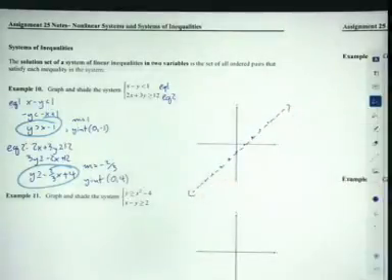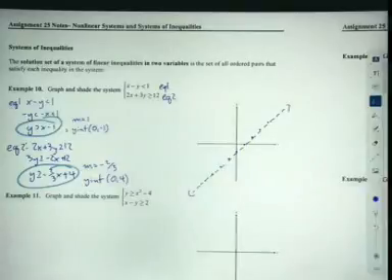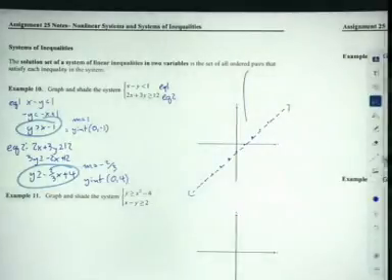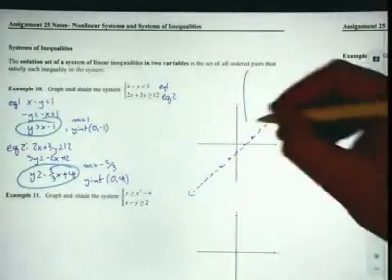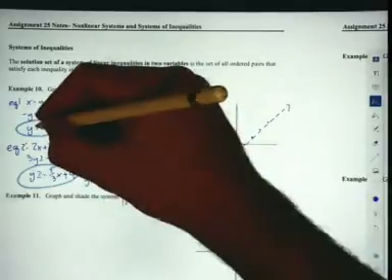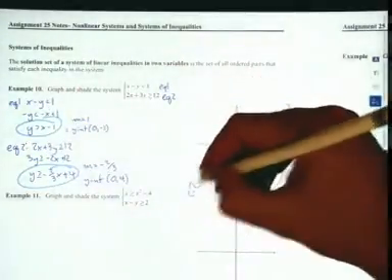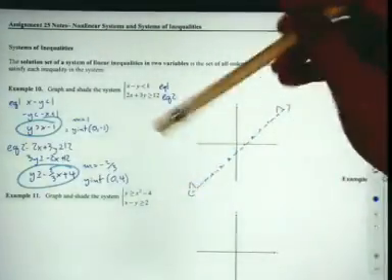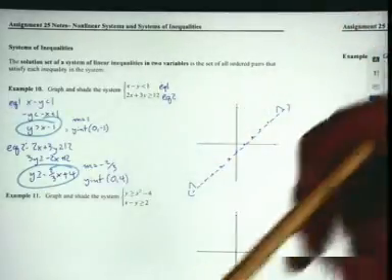Now, before you shade, because we don't want to shade this whole entire region, you just want to make note of what is going to get shaded. So it's greater than, so we're going to shade above it. So I put these little arrows right there to tell me that I'm shading above this region. So think about shading that region.